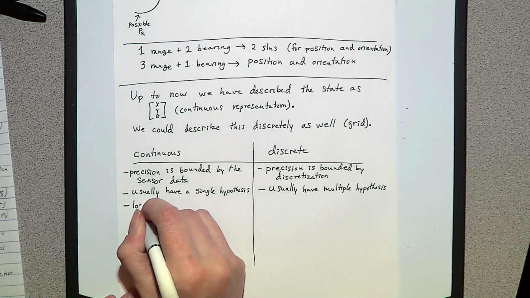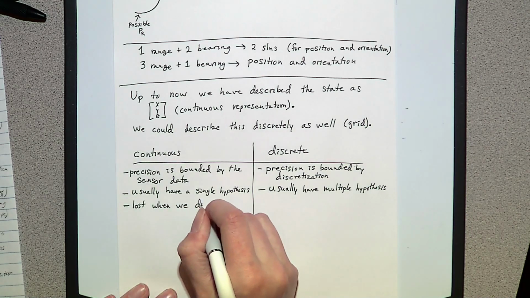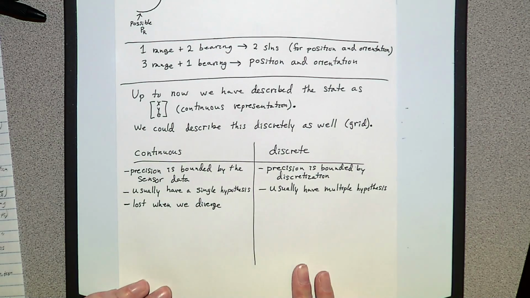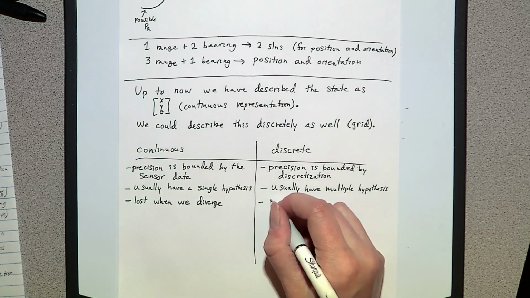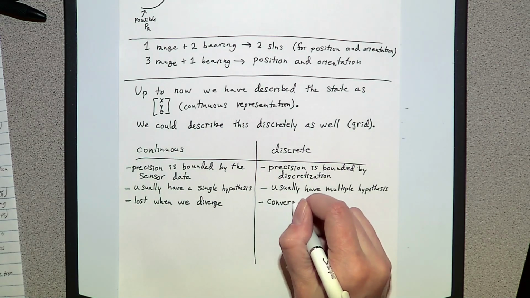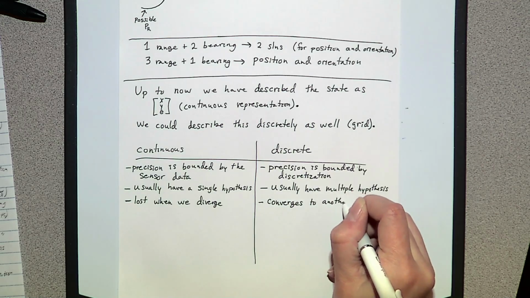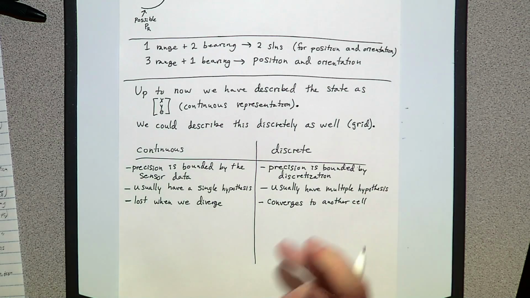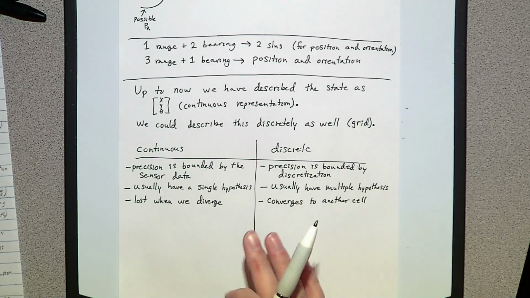In the continuous case, we can get lost when we start diverging. In a discrete case, if we start to diverge, it just converges to another cell. So we don't usually have a problem of being lost. If we diverge a little bit too much, then we just kind of converge into a different cell.